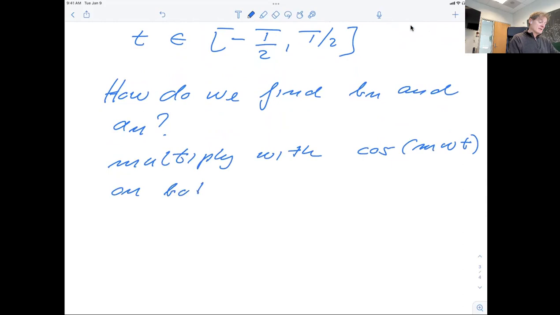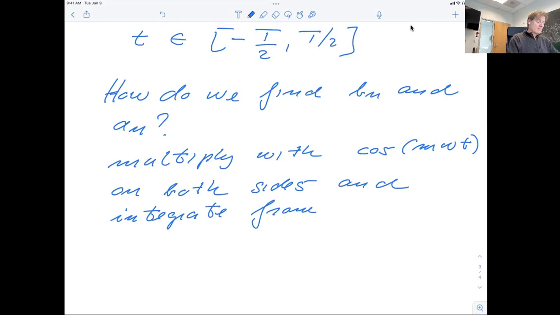And now we are aiming at the coefficients a of n on both sides, and integrate from minus T divided by 2 to T divided by 2.